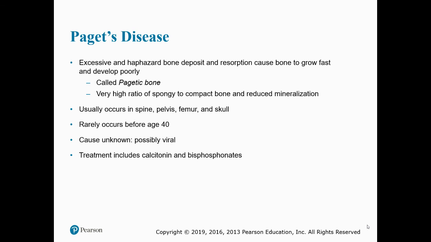And we also have haphazard growth of bone. Osteoclast activity goes down and osteoblast activity remains the same. So this means we're laying down more bone than we're breaking down, which means we may have growths on areas of our bone that we wouldn't normally have. Now, it isn't totally understood why this occurs, but it may be tied to some viral agent.